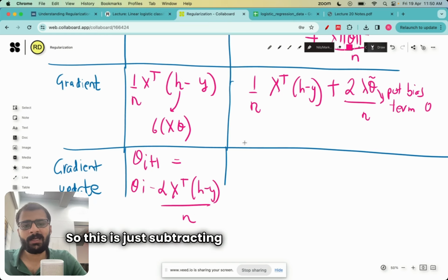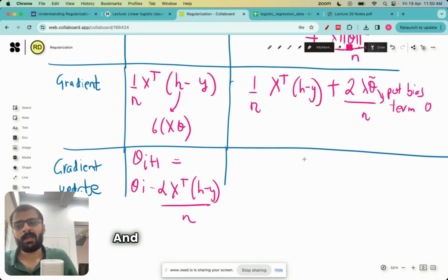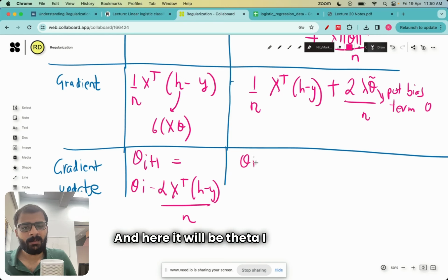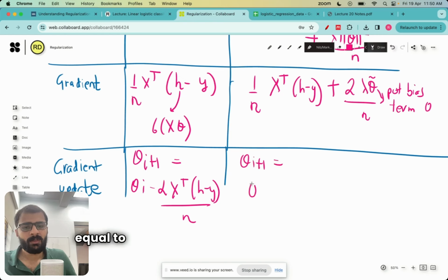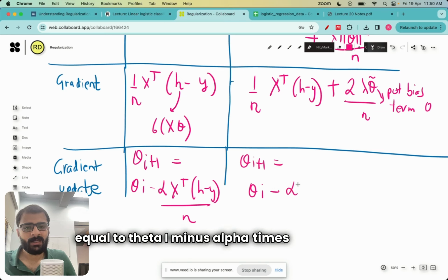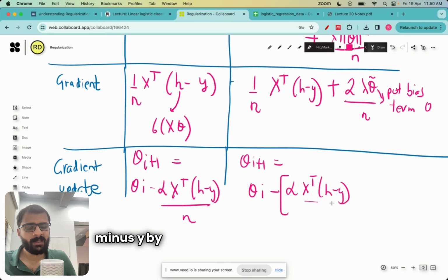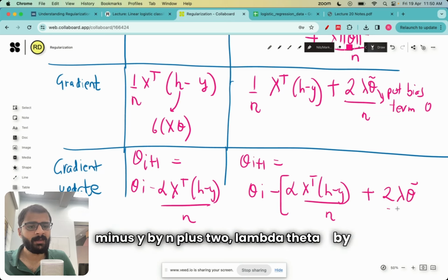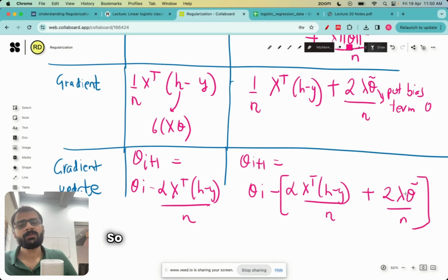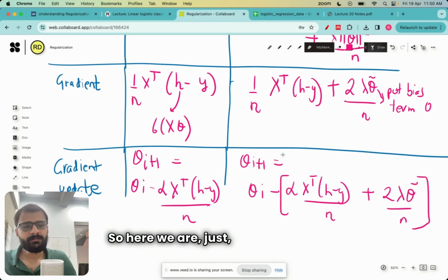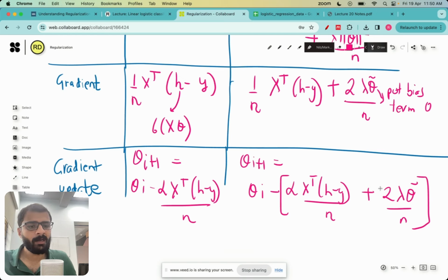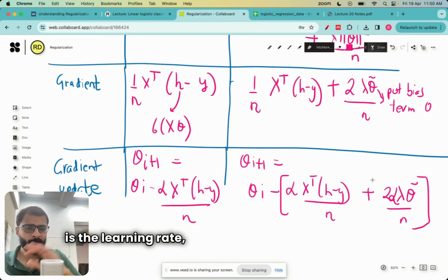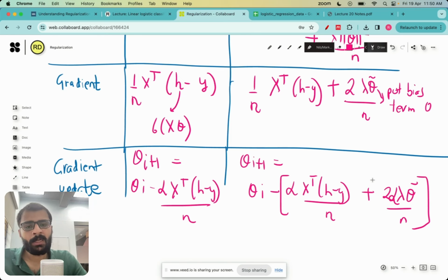So this is just subtracting alpha times the gradient, and with regularization it will be theta i plus 1 equal to theta i minus alpha times x transpose h minus y by n plus 2 lambda theta by n. So let me add the alpha here also, because the alpha, which is the learning rate, will be multiplied on both sides.